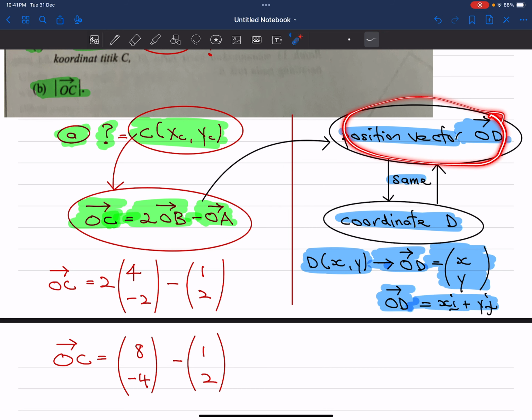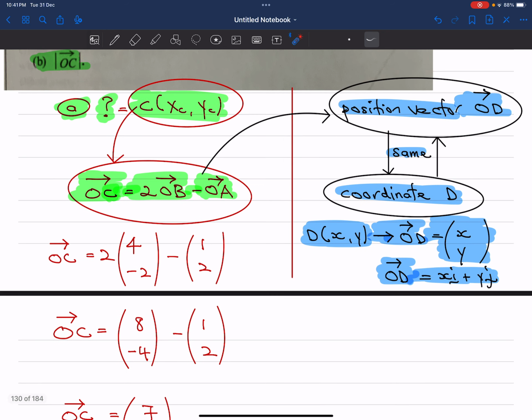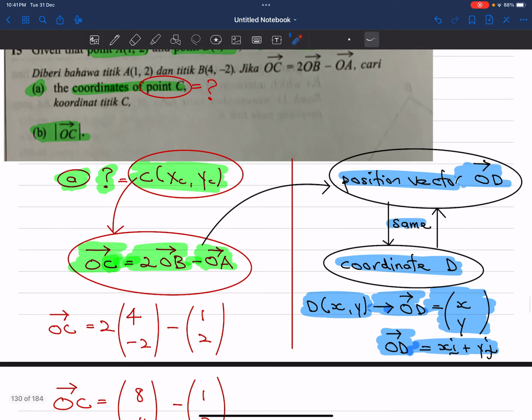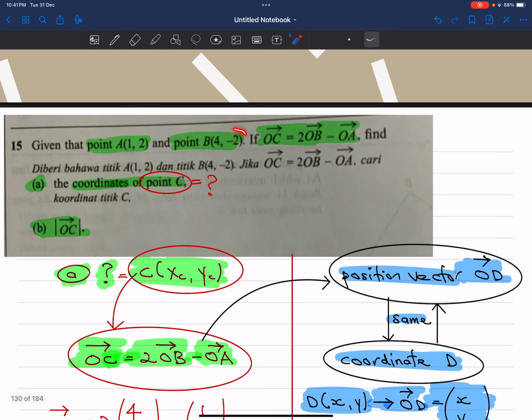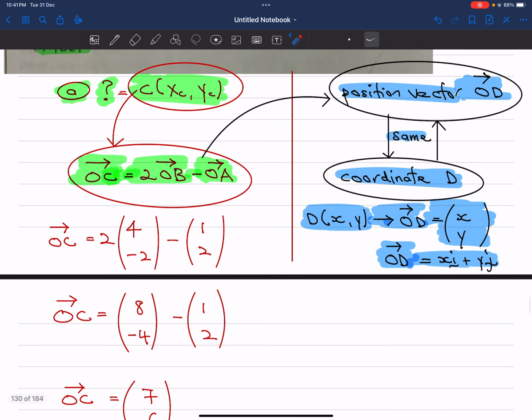So the important thing is, from position vector OD, we can get coordinate D, or from coordinate D, we can get the position vector. So here, I have the position vector OC. As I said, if I want to find the coordinate C, I just need the position vector OC. So I'm going to replace OB with the coordinate B, which is (4, -2).